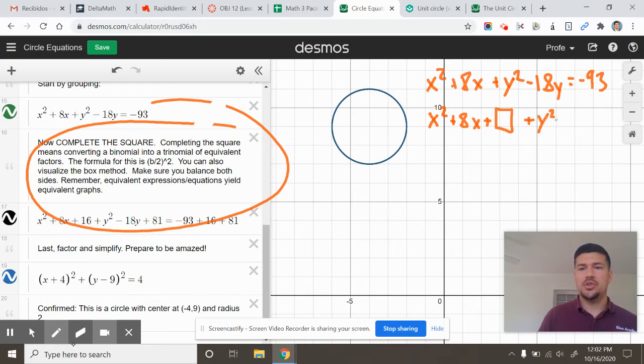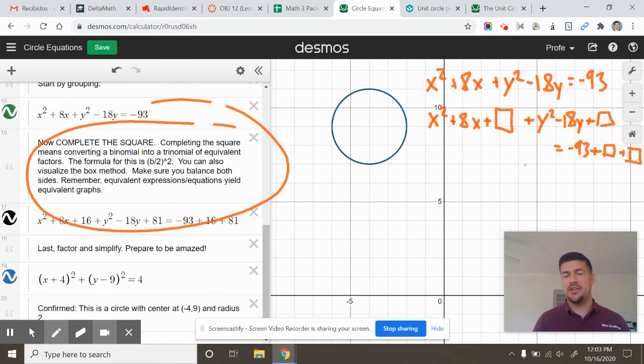We're going to do the same with y² − 18y, adding another number, and we're going to set that equal to −93 plus both of those numbers, because what I add or subtract on one side, I need to add or subtract on the other side.